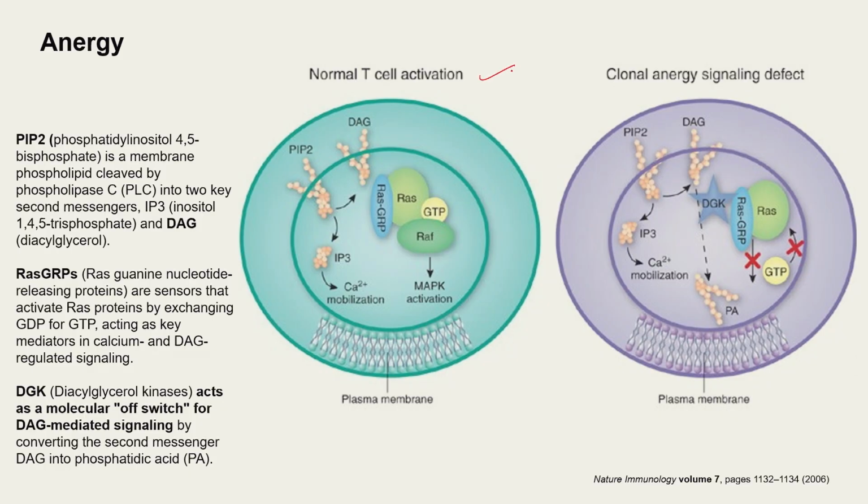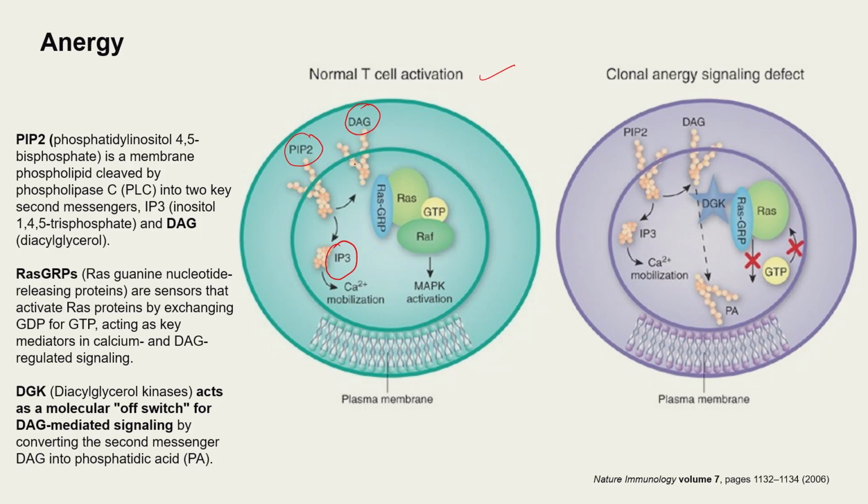In the normal cell, the plasma membrane contains multiple proteins, and one such molecule here is PIP2, which stands for phosphatidylinositol 4,5-bisphosphate, a critical membrane component which can be cleaved into two fragments, inositol triphosphate and diacylglycerol, with the help of the enzyme phospholipase C. That means PIP2 is a membrane anchoring molecule. Upon binding to phospholipase C, it gets cleaved into inositol triphosphate and diacylglycerol.